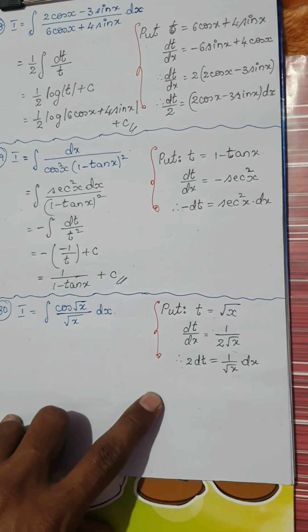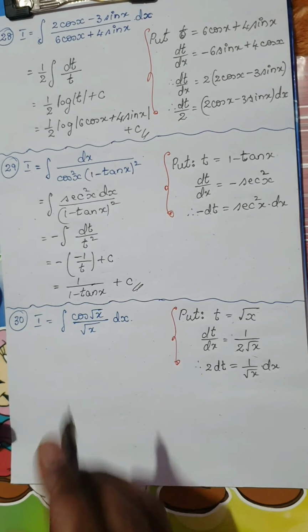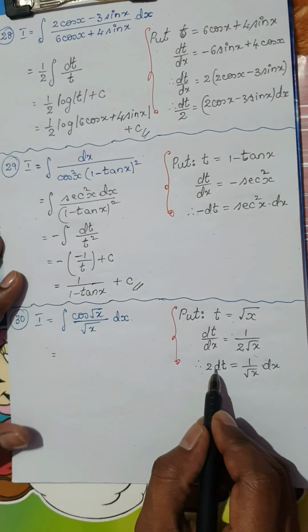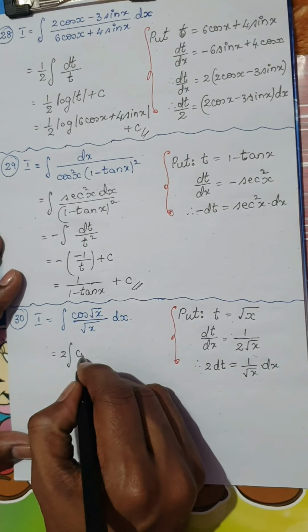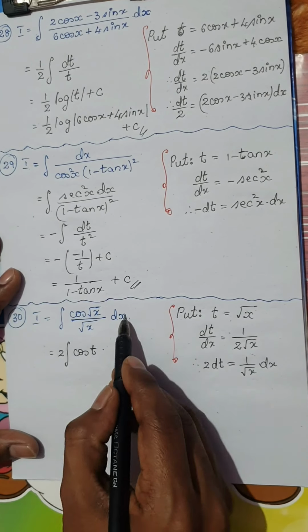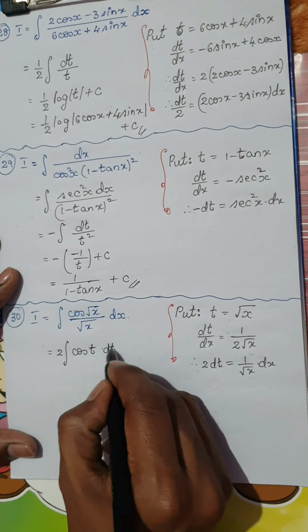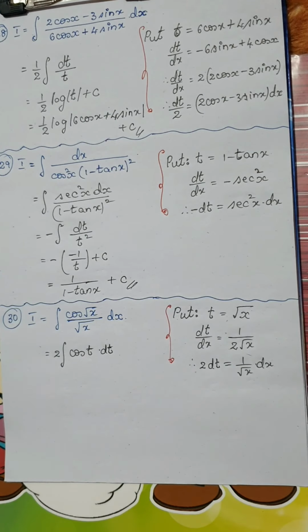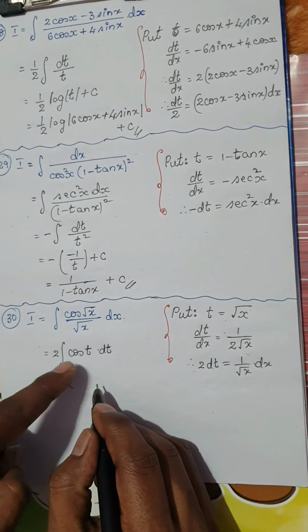And see what happens to the left hand side integral now. I have 2 dt, so I am going to keep this 2 outside. Integral of cos of root x, which is actually cos t. Now dx into 1 by root x would be simply dt. Very basic result. This is nothing but 2 into, what is integral of cos t?